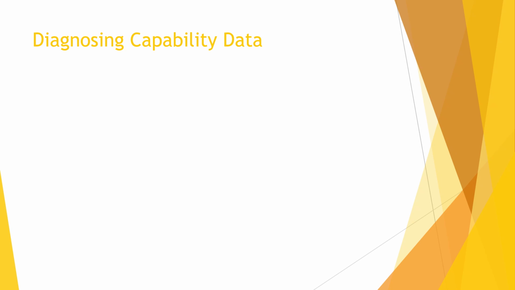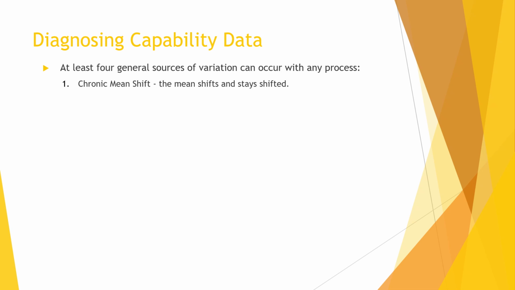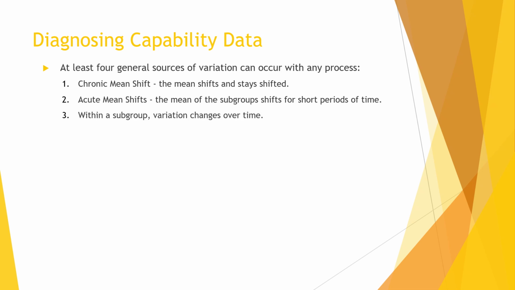Diagnosing capability data. At least 4 general sources of variation can occur with any process. Chronic mean shift. The mean shifts and stays shifted. Acute mean shifts. The mean of the subgroup shifts for short periods of time.